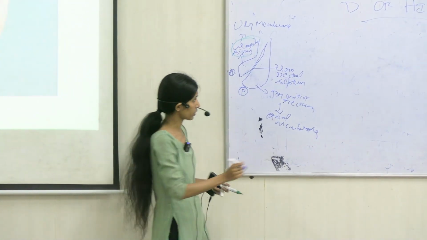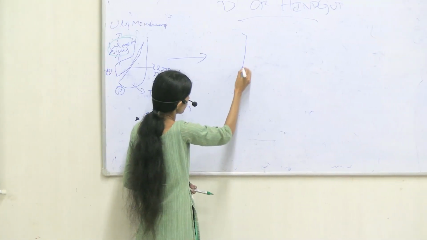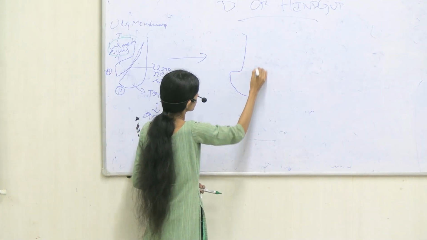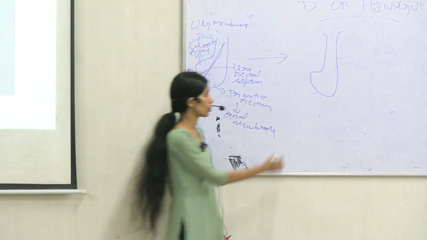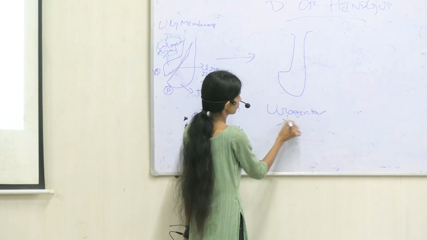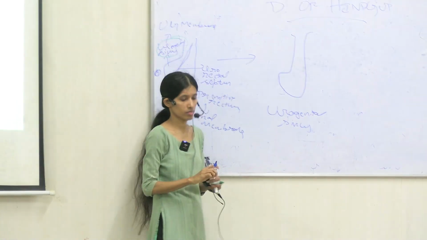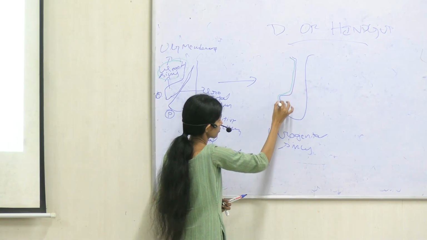If I draw only the structure of the urogenital sinus, this is how it will appear. This is the urogenital sinus, and it is lined by your urogenital membrane like this.